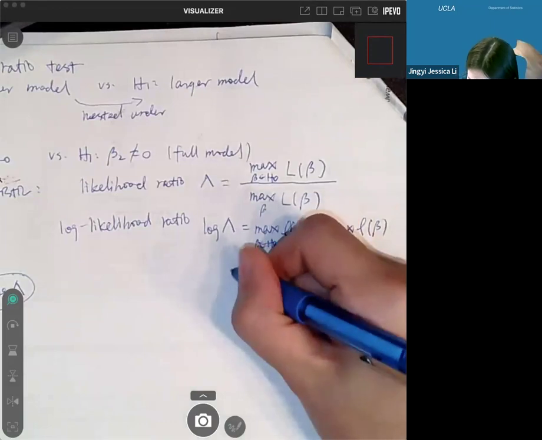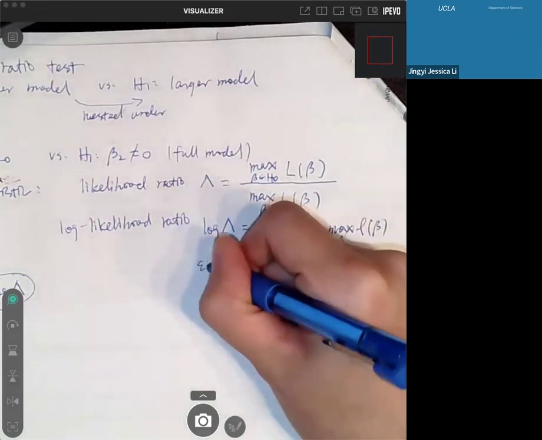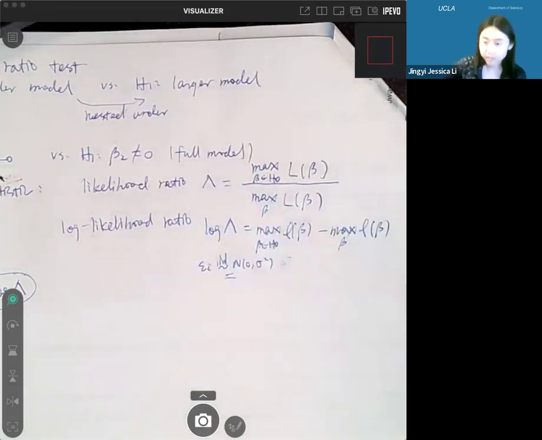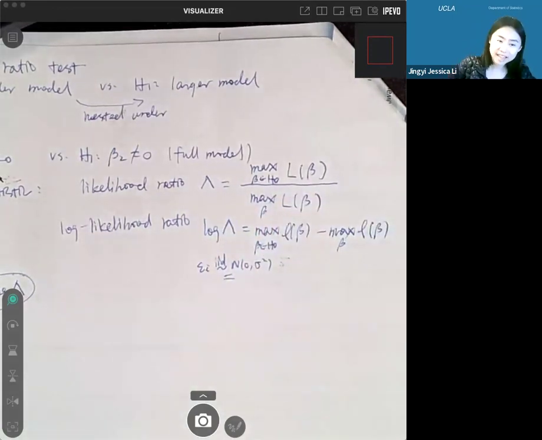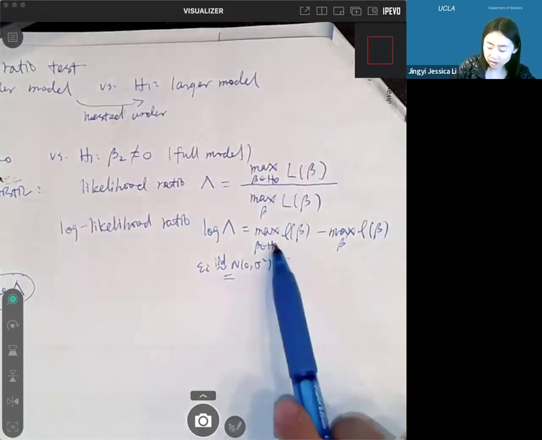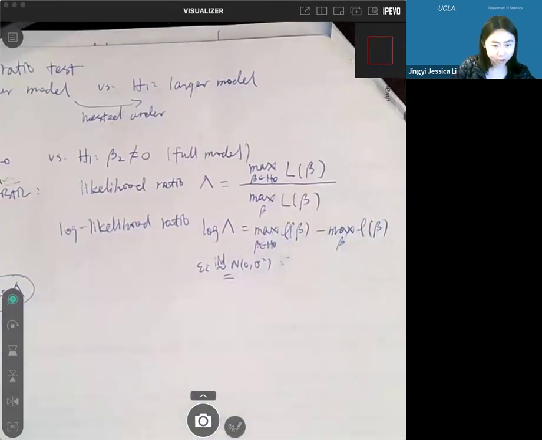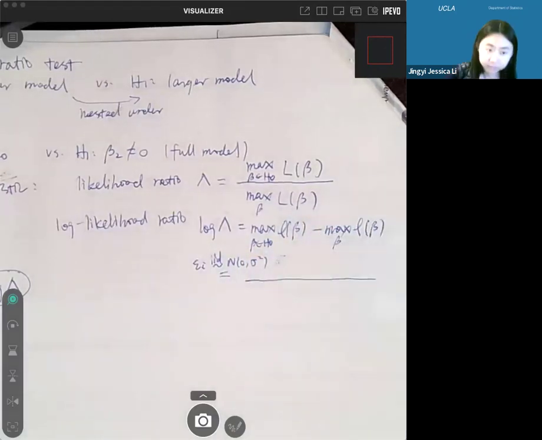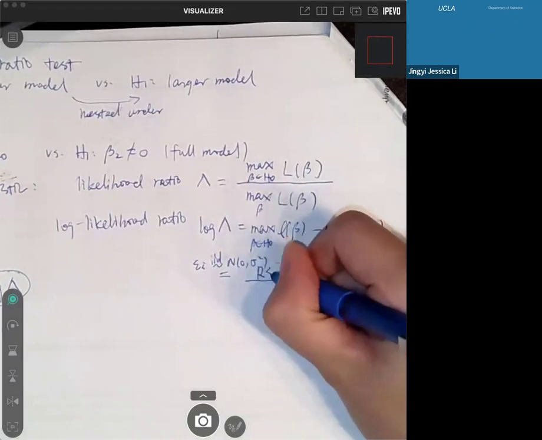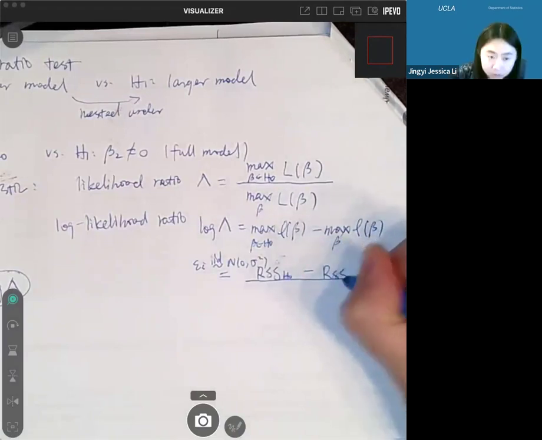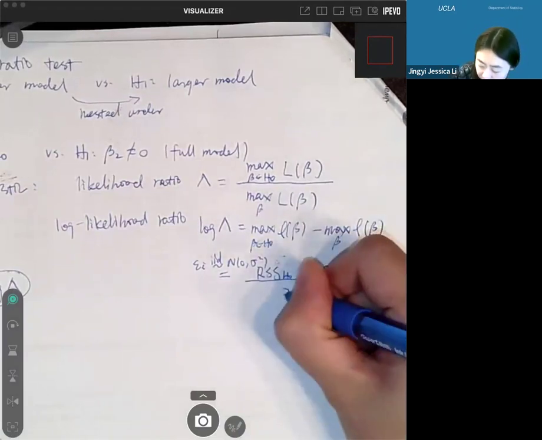If you have the linear model with normality, so I just say epsilon IID normal with constant variance sigma square. Under that assumption, this log likelihood ratio takes a special form. I'll introduce the name first, and then I'll define it: RSS under H0 minus RSS for the full model, divided by 2 times sigma square.